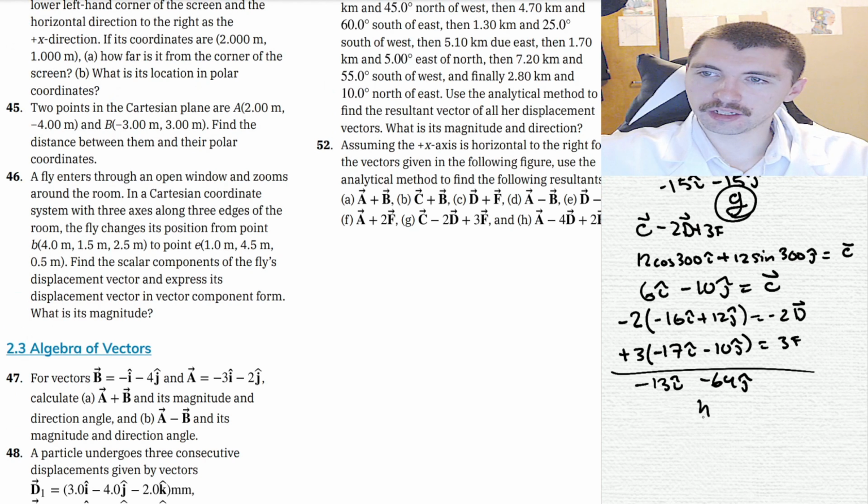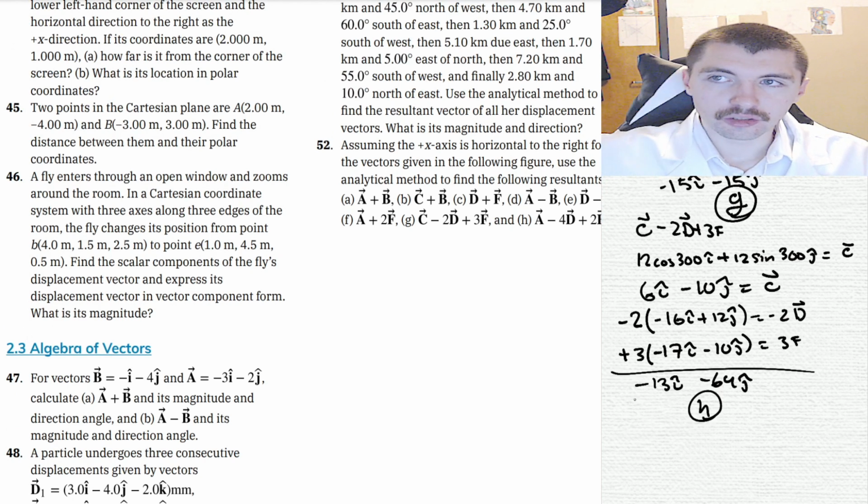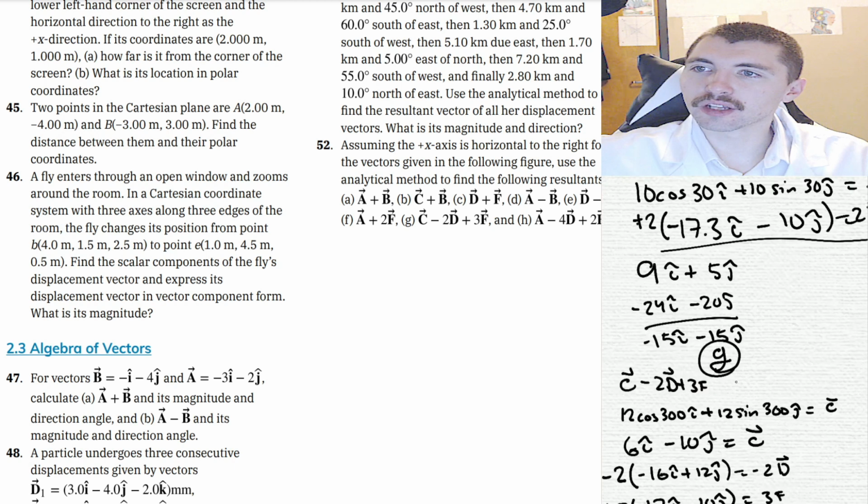Okay, and H, A minus 4D minus 2F. So A is 9i, 5j.